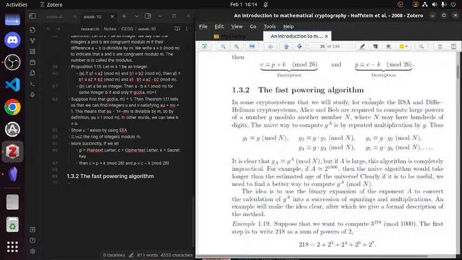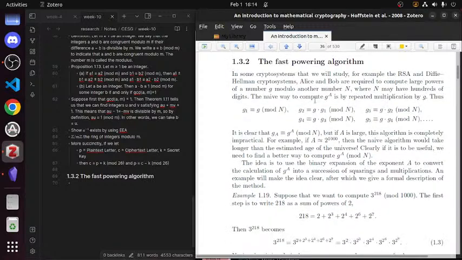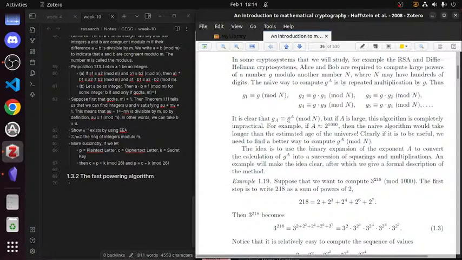Thus G^1 is congruent to G mod N, G^2 is congruent to G times G, and it just keeps going. It is clear that G^A is computed this way mod N, but if A is large, the algorithm is completely impractical.